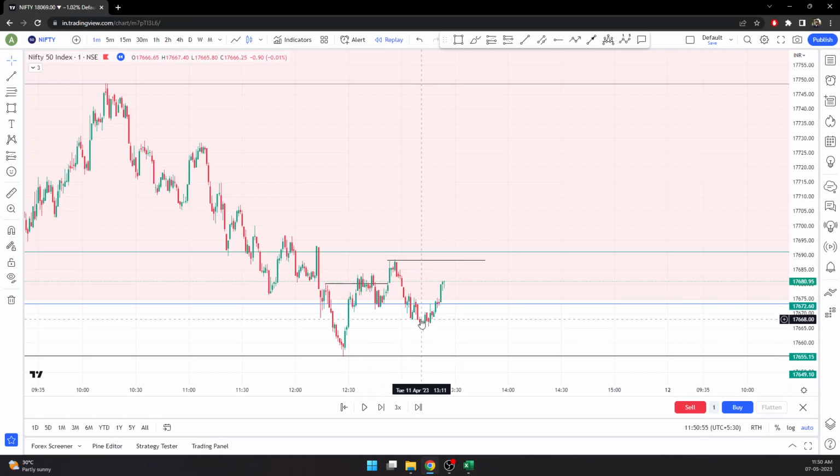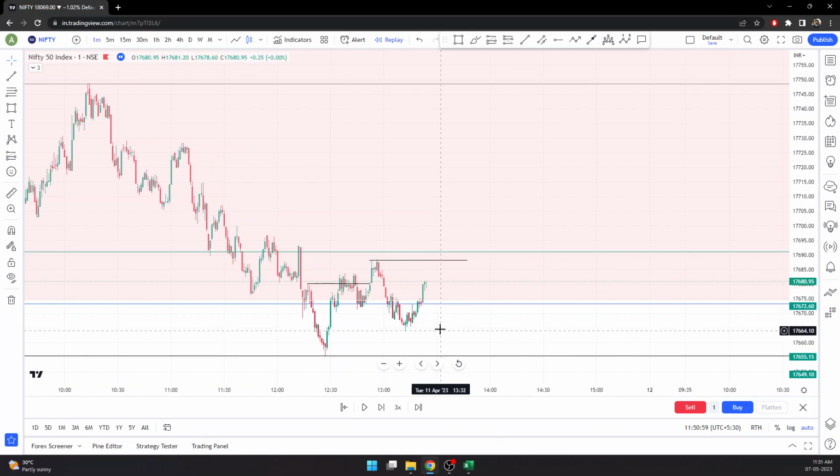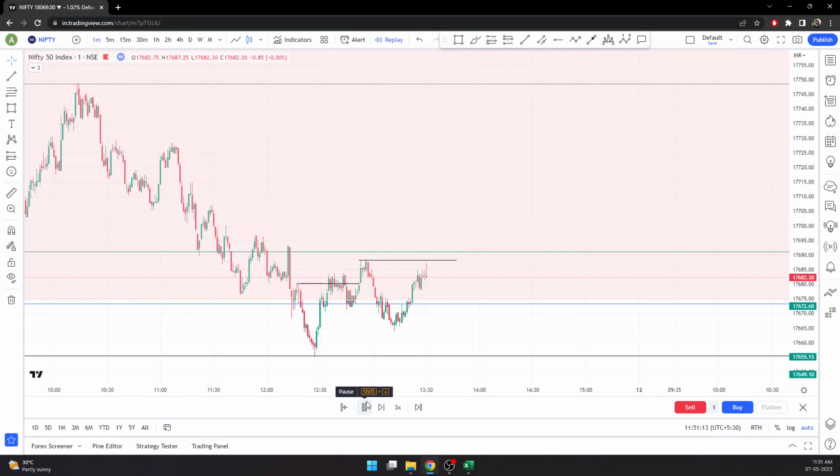So somewhere we can see the buyers are holding these levels, right? So this is again one confluence for us. So let's say once we see a breakout on this level, then we'll look for the buying opportunity.